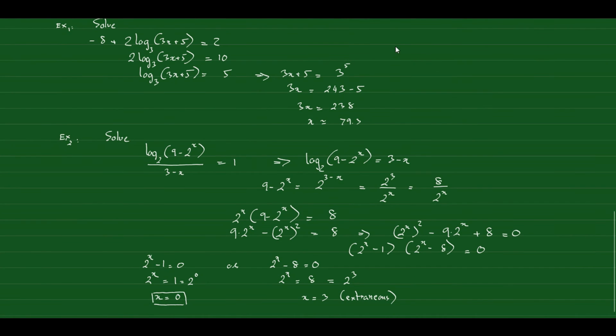Okay. Now example number 3. How about this one? I think it's much simpler. We can use some property here. So we have log base 4 of x plus 8 plus log base 4 of x plus 2 equal to, so you have the sum of the logs, which gives you the log of the product, equal to, and now we can kick them up.